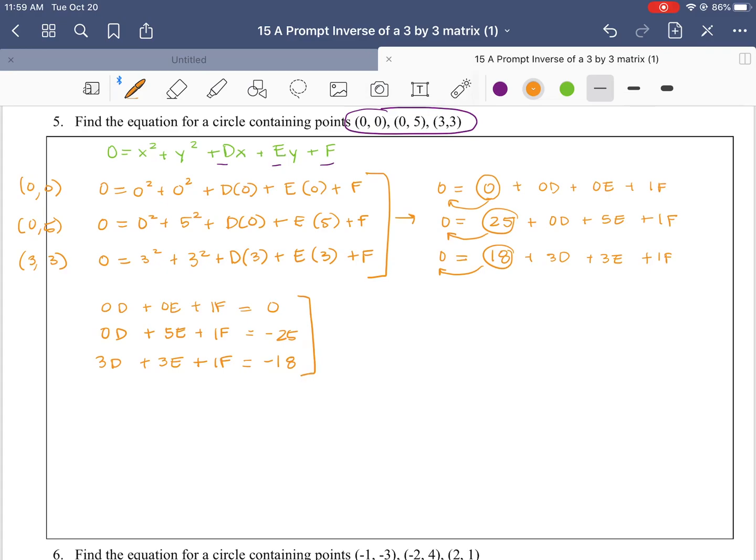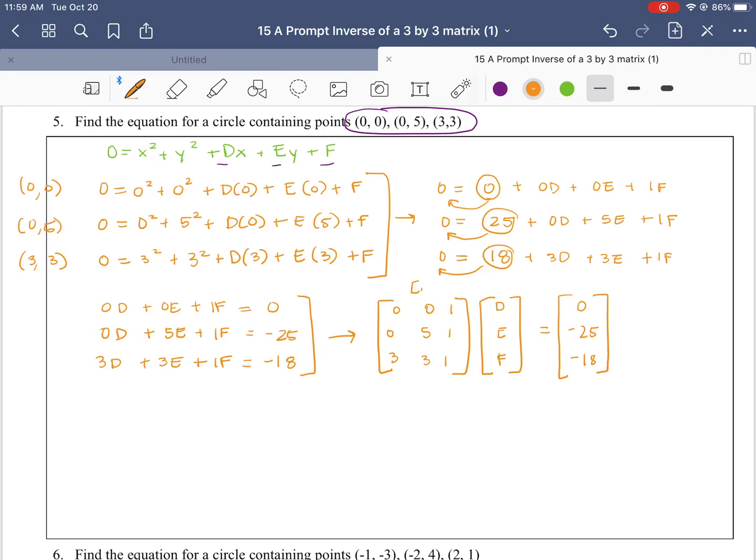Now I can write all of this as a beautiful matrix equation. Well, we have our 3 by 3 coefficient matrix. The variable matrix. And then it's going to be equal to our answers result matrix.